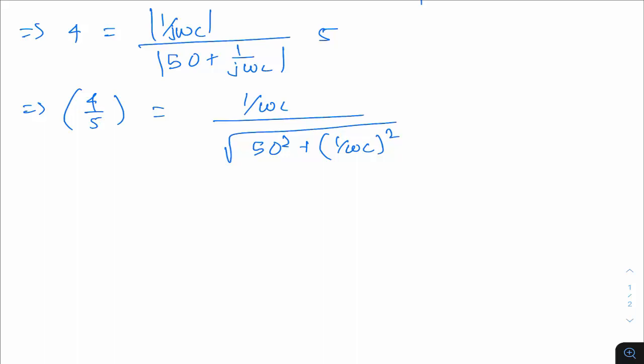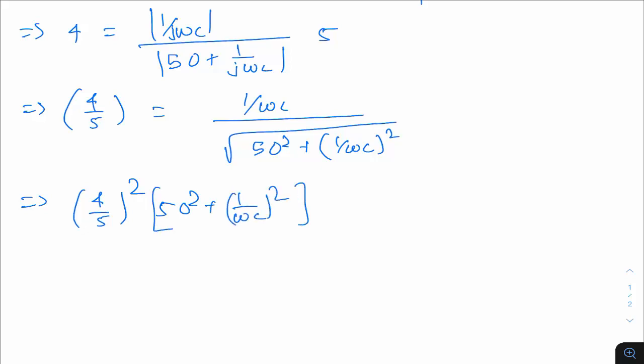For that, what I'll be doing is, let me square both sides of the equation. So 4 by 5 whole square, multiplied by (50 square plus (1 by omega C) whole square), is equal to (1 by omega C) whole square, right? I have just squared both sides.